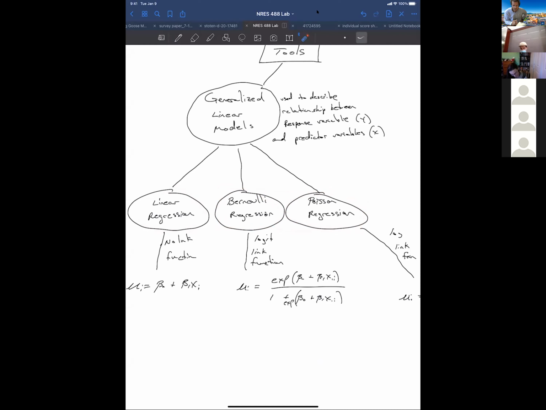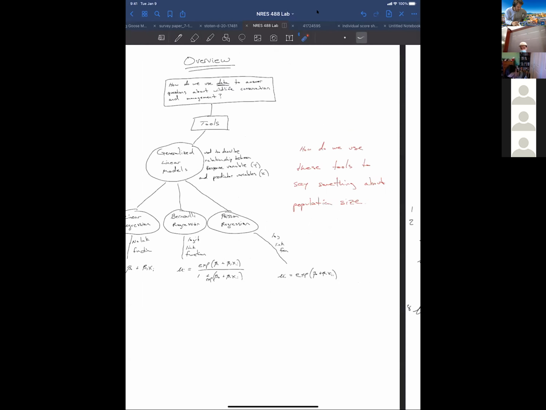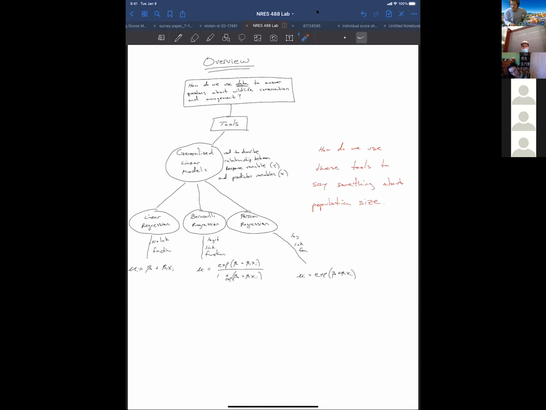Now, we've talked about the basics, the principles of these models quite a bit, and how we can interpret our parameter estimates beta in terms of real life scenarios. So now we want to look at how we actually use these tools to say something about population size. And we've talked about this already throughout learning about these tools and how we can interpret these models for examples. So we looked at several examples and how we apply these models to those types of examples.